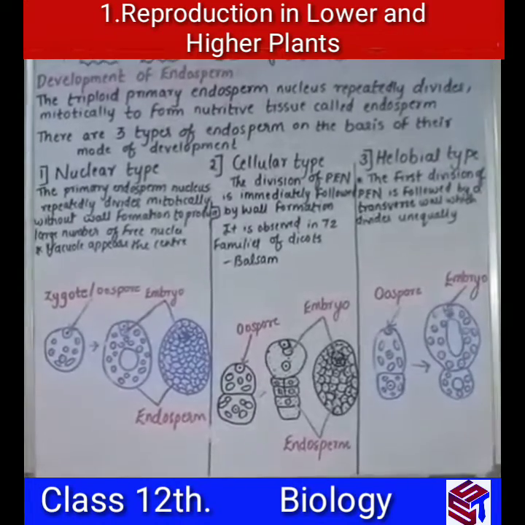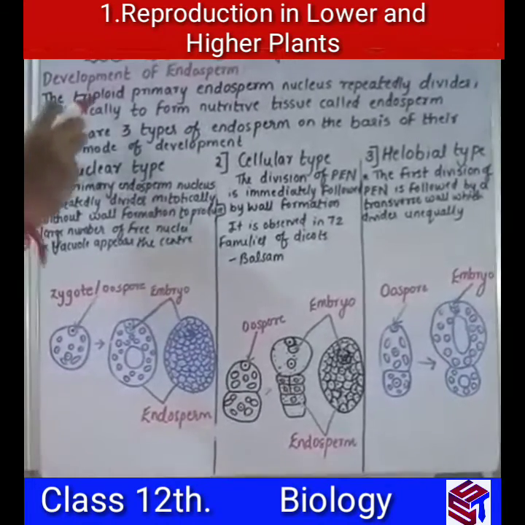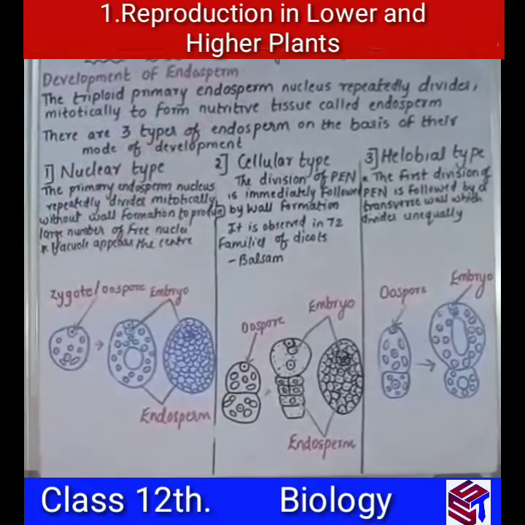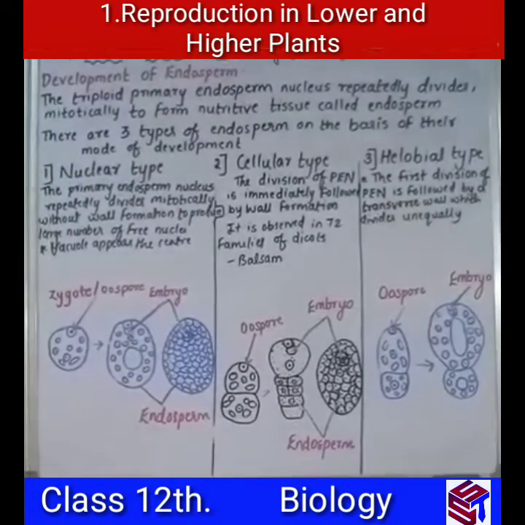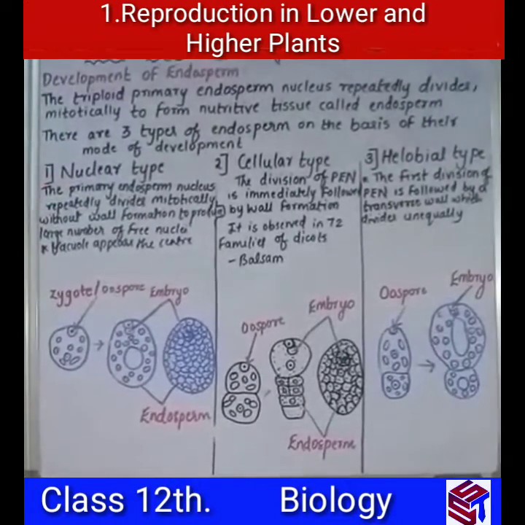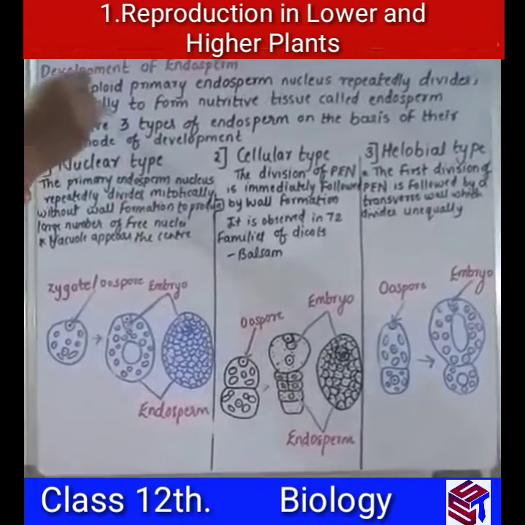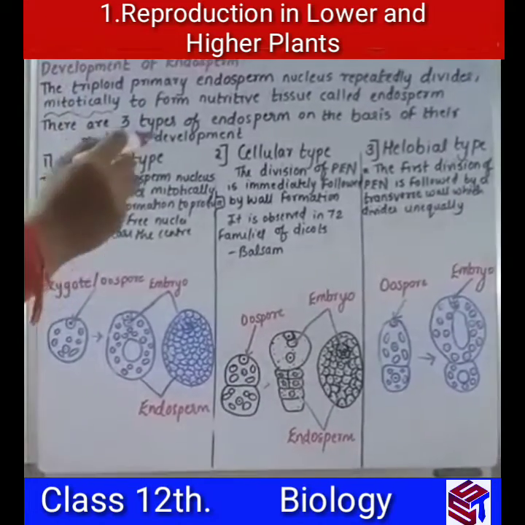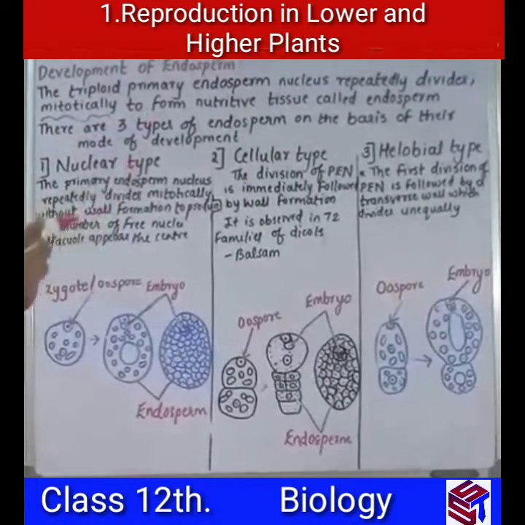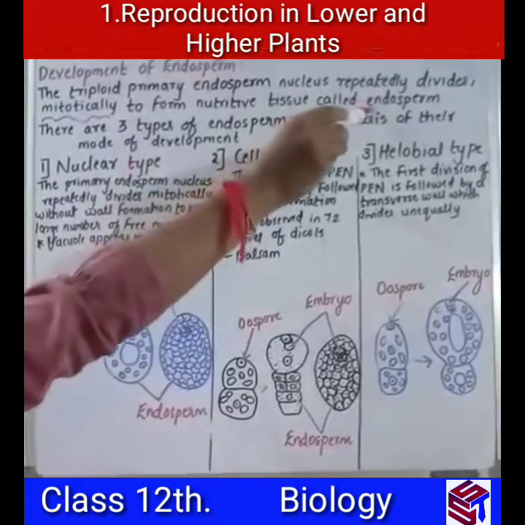The triploid primary endosperm nucleus repetitively divides mitotically to form the nutritive tissue, that is nothing but the endosperm.